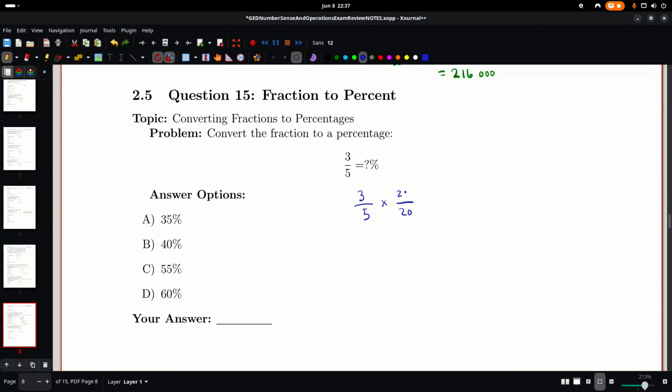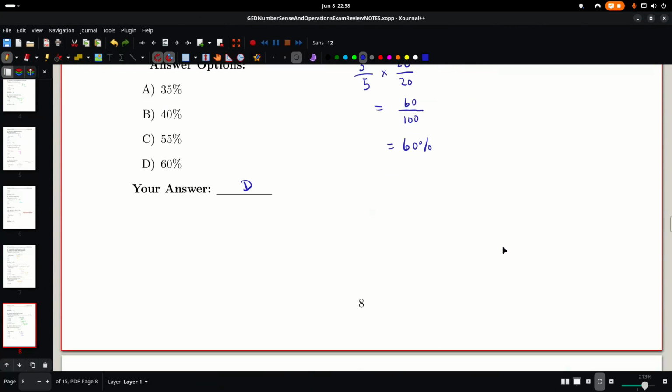So then I have to multiply the numerator by 20 as well. And so that gives me 100 in the denominator, which is what I wanted, and 3 times 20 gives me 60, which is just 60%. That's what it means. 60 over 100 means 60%. So this has got to be answer D, and that's the first D we've got. So that's jolly good to get a D finally.